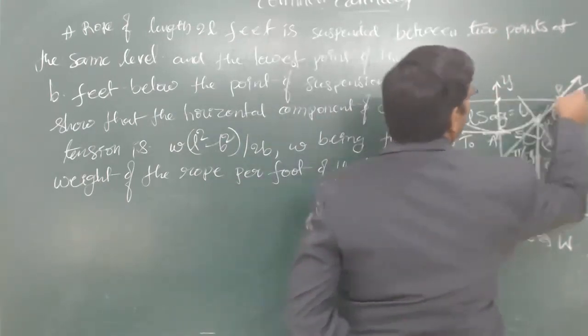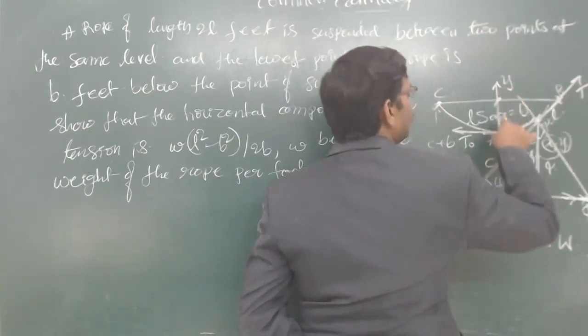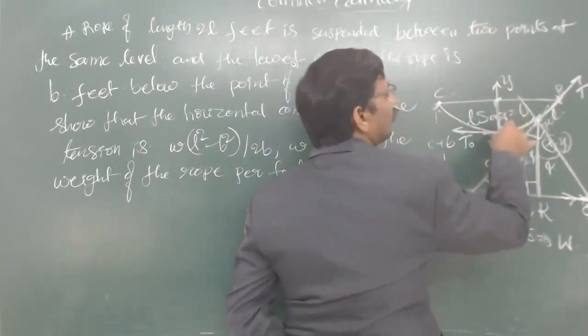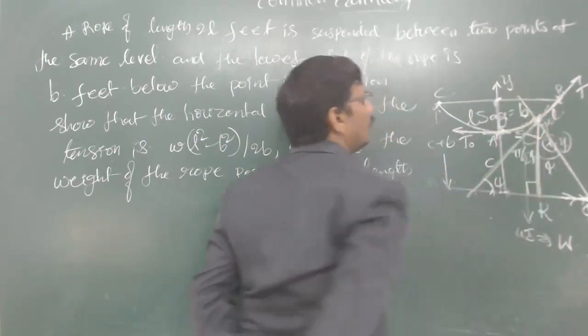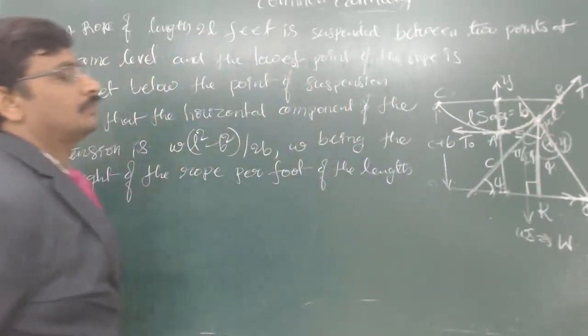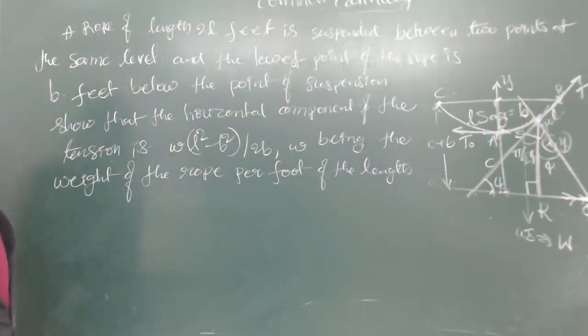From here to the lowest point was given as B, which is nothing but the sag.